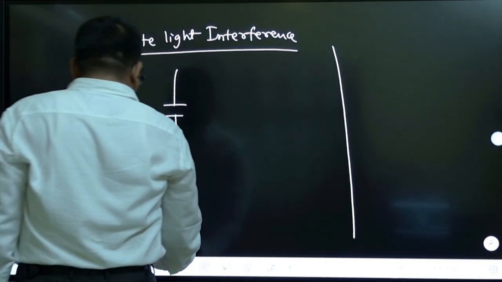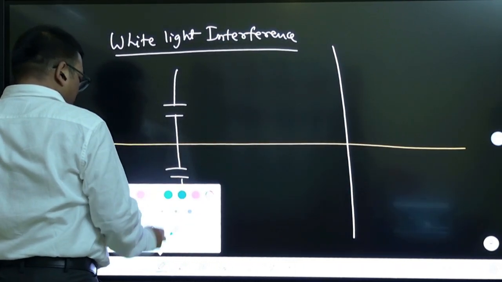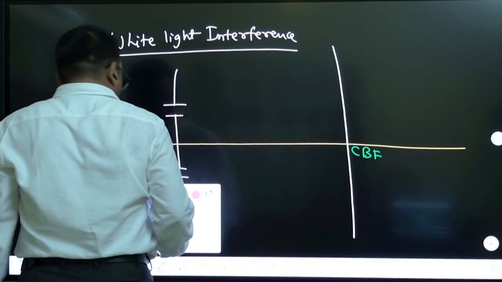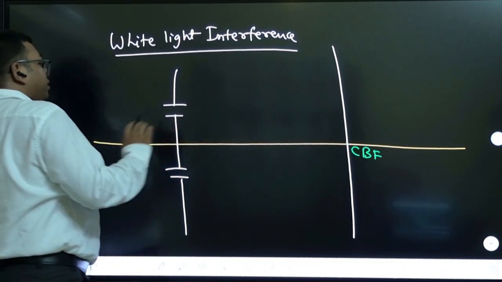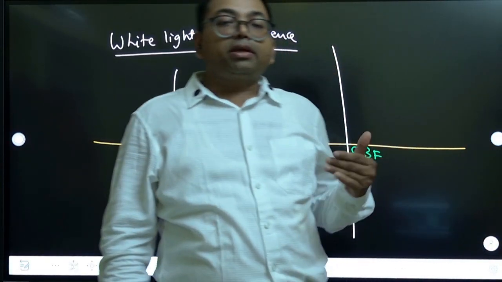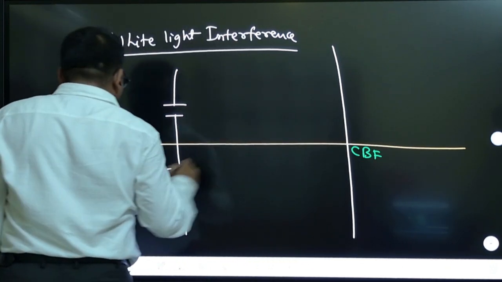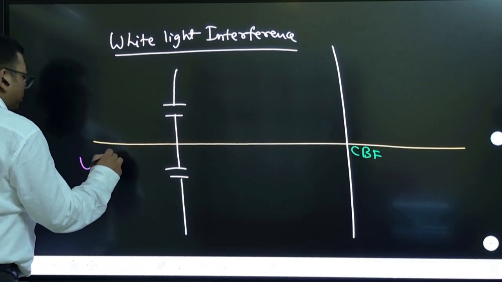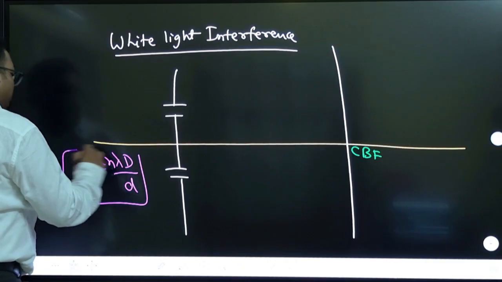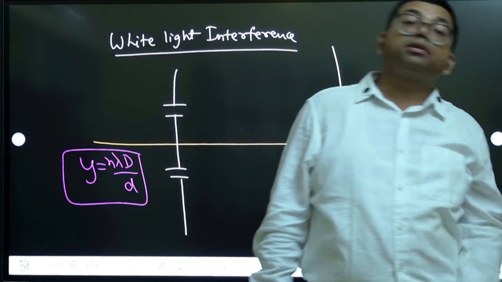This is the central bright fringe, and white light interference means you are sending white light. White light is made up of all the different colors, so each color will make its own pattern. But you may think which y will be. This is the most common misconception: y is equal to lambda D by d, if you use it for maxima, you say lambda is more so y will be more, so red will be away. But no, this misconception is what we need to clear.